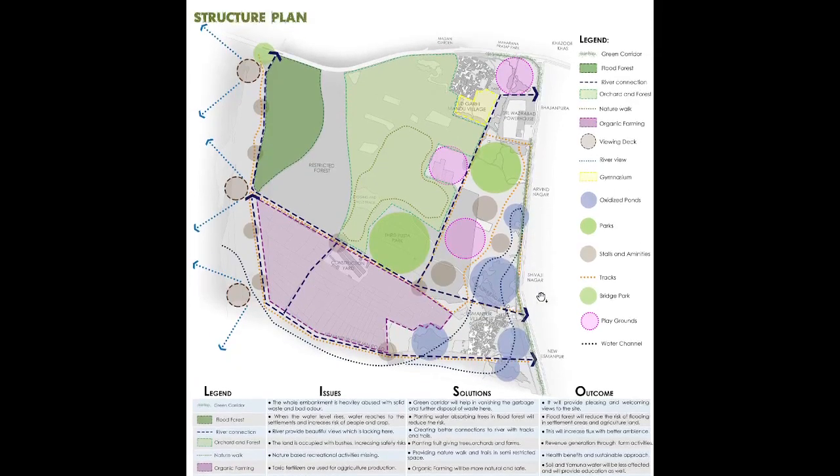Then a structure plan was done, and based on the constraints and potential, a floodplain is proposed here, and the restricted forest is left as it is. This forest area can be converted into a farmland or orchard, as it already has some fruit giving trees, but more fruit giving trees can be planted here. The outcome will be that this can generate some economy for the locals over here.